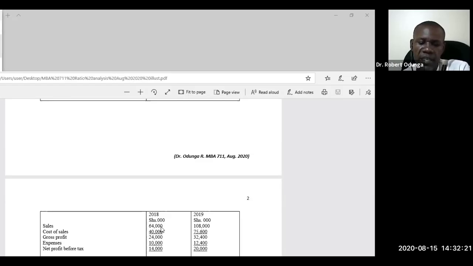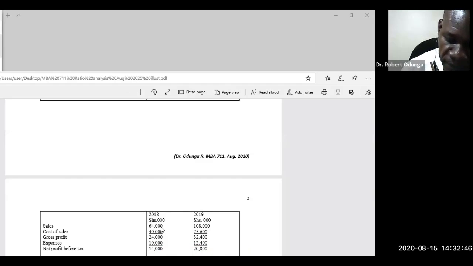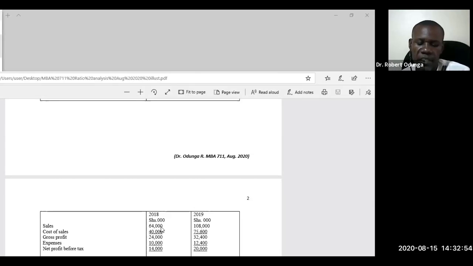For 2019 is when you can apply the average, because you already know the opening and the closing. So that is 10,500 plus 14,000, as I mentioned earlier, and then you divide by 2, which gives you 12,250. I hope you're with me. So 12,250 is what represents our average debtors for 2019.